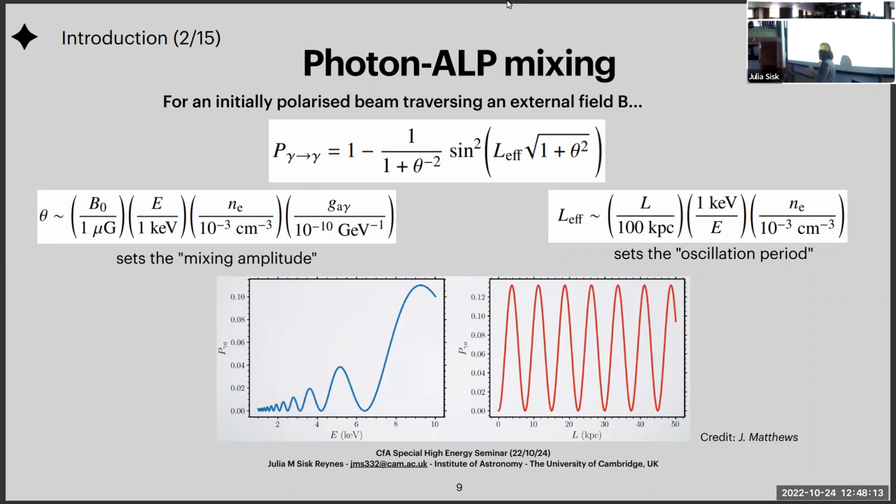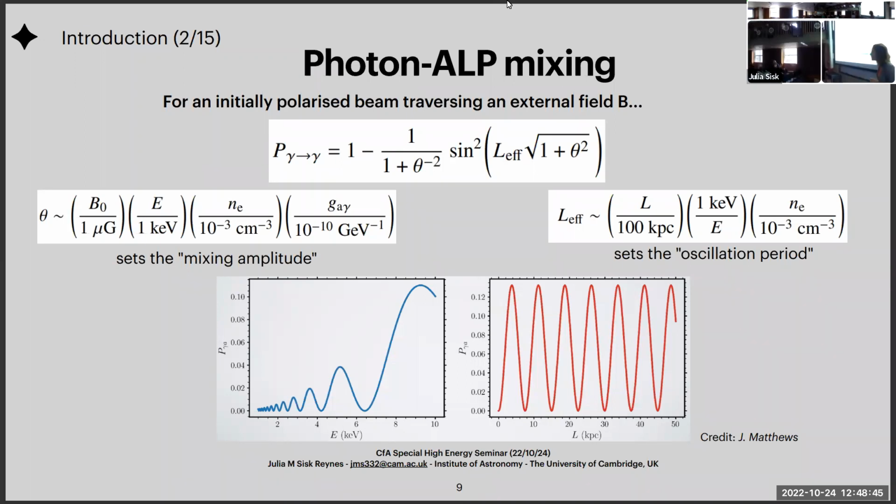So what we really have is this mixing probability being a very complicated function of the axion parameters that we're trying to constrain, the mass and the coupling, and the energy of the beam, and the path length traveled, and the plasma frequency of the background medium, or the electron number density in the plasma. And here we're assuming that our magnetic field configuration is uniform.